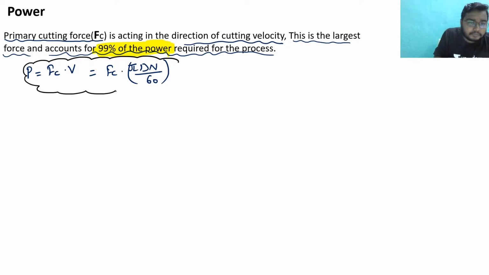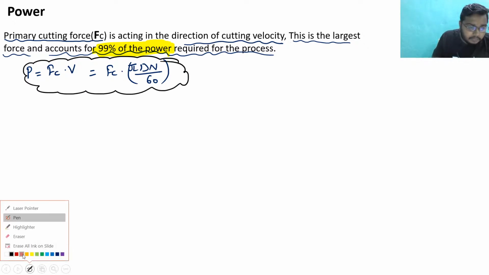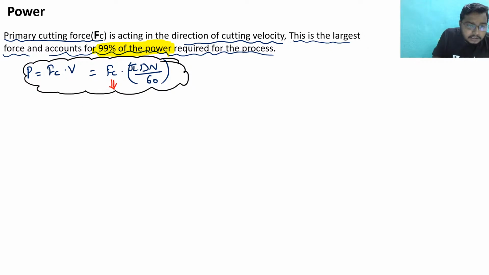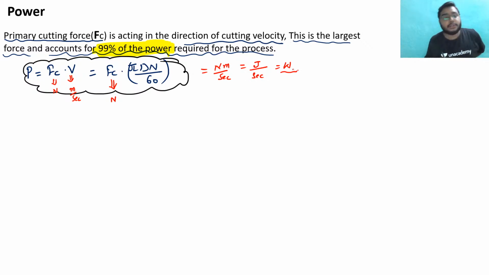Now see the unit: force is in Newton and cutting velocity is in meter per second, so the unit is Newton meter per second. Newton meter is joule, and joule per second is nothing but watt. So I hope these things are clear to you.